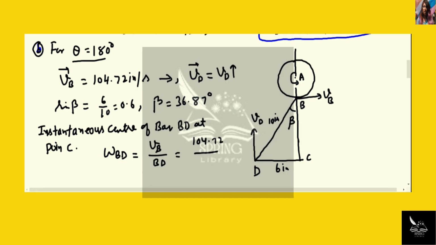This value is given, so you can take the component of it, cos of beta. On solving it, cos of beta you can find from here. Beta is given. So this value you will get as 13.09 radian per second.